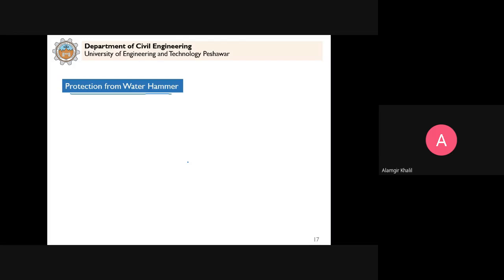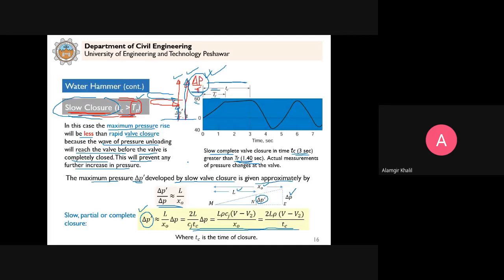So we calculated the change in pressure formula, the pressure that can occur due to water hammer. Instantaneous closure is the same as rapid closure. In case of slow closure, we can use this formula to calculate the maximum pressure developed by slow valve closure.